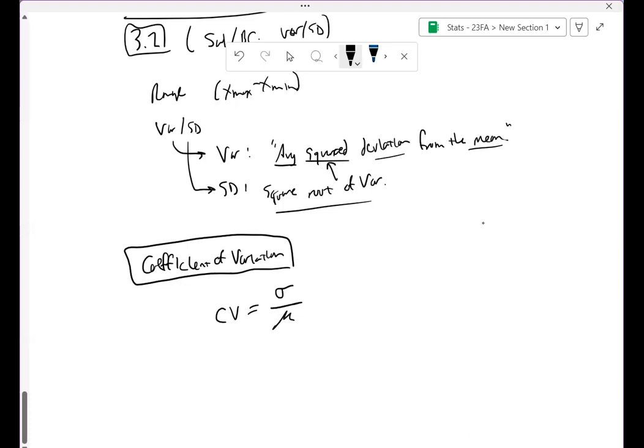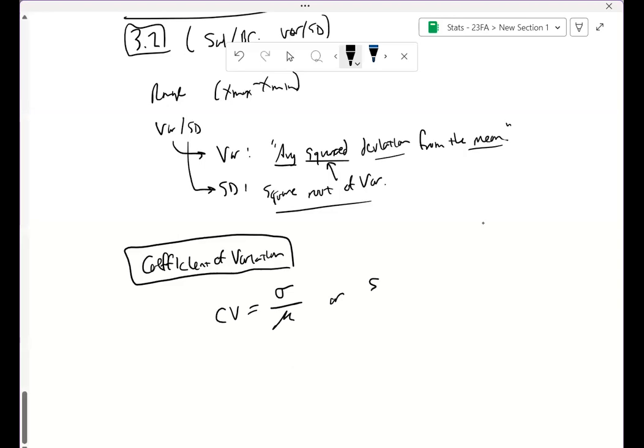So I'll divide by the mean. The mean has units of the original data, and it's also kind of the size of the typical data point. So the mean, if I'm reporting salary like 28,000, is going to be 1,000 times as large as if I'm reporting salary like 28 with the units of thousands of dollars.